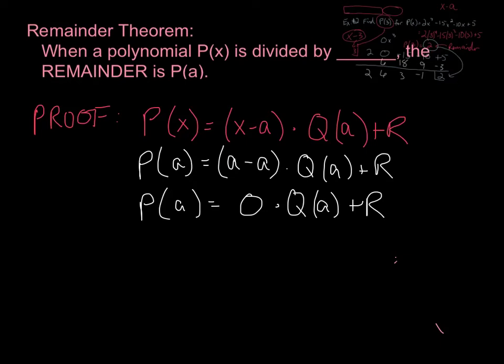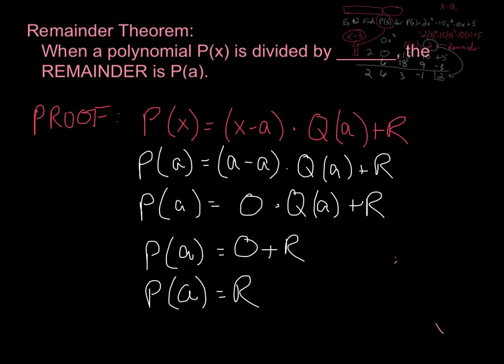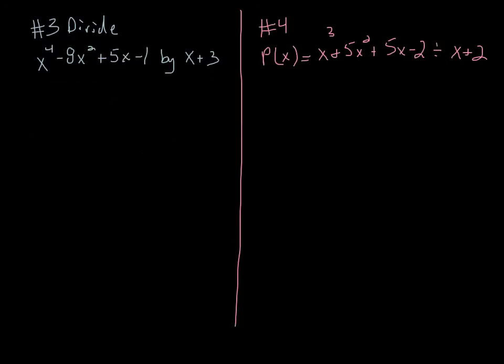Well, 0 times anything is just 0. So I get 0 plus r, and 0 plus r is just r. There you go, folks. You just proved the remainder theorem. When you plug in a, p of a gives you the remainder. There's your little proof.